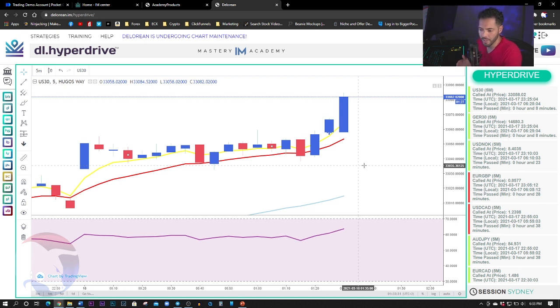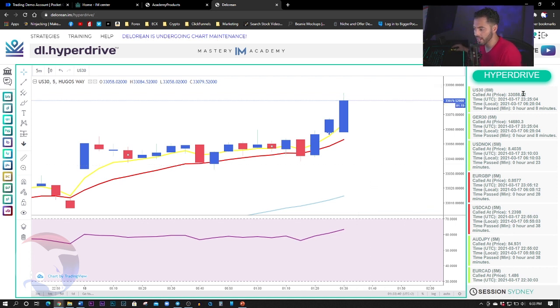The software pointed out it scanned an opportunity. It popped up. It's on the alert panel on the right-hand side. The green bar right here means that it is a buy opportunity. The red bar means it's a sell opportunity.